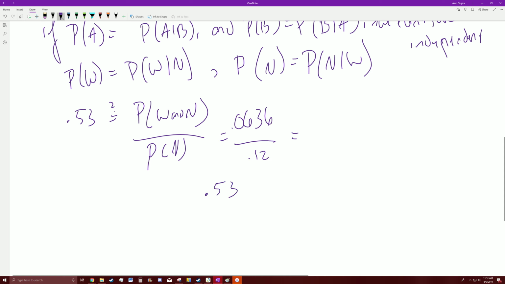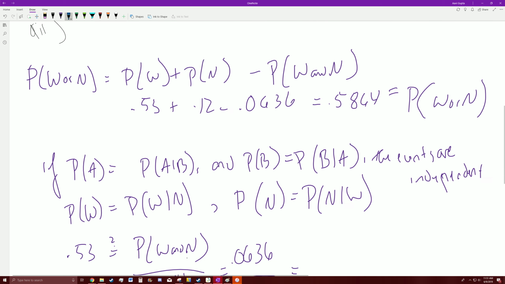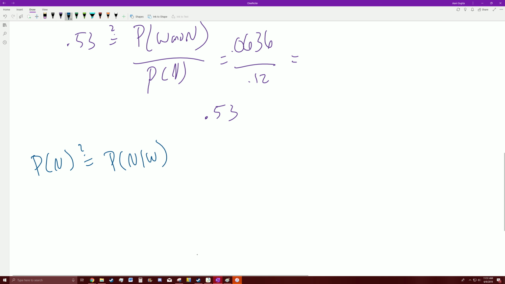Okay, so that's the first part of the formula done. Now let's check the second part. So probability of never equal to probability of never given woman. Well, never is this 0.12.